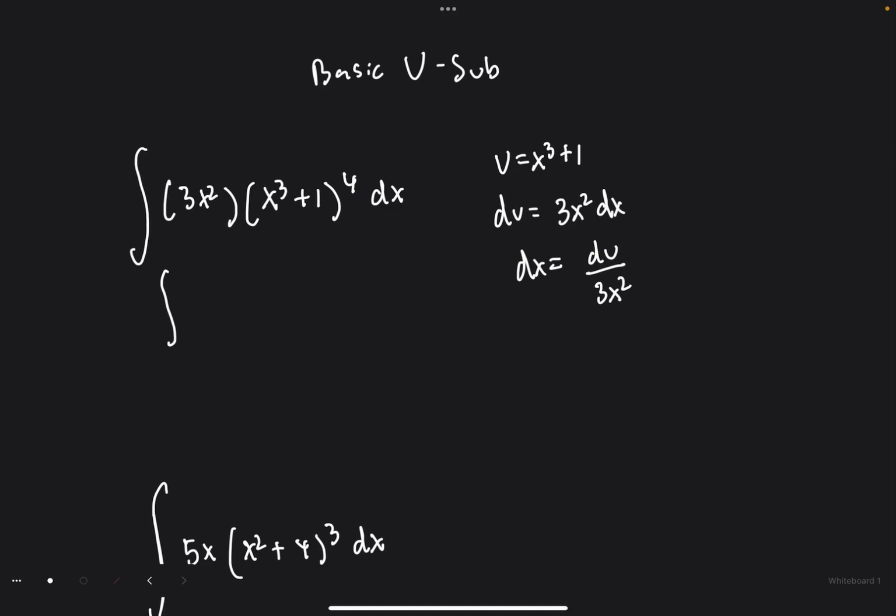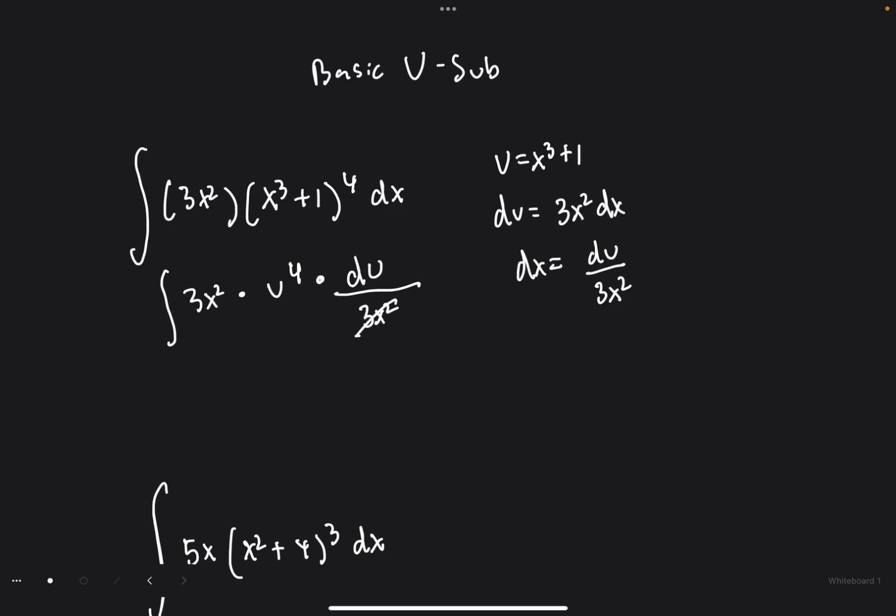So if we go back inside this integral and we multiply with du, but we have to put in u, right? We have to put in u. So du over 3x squared. Look at that.